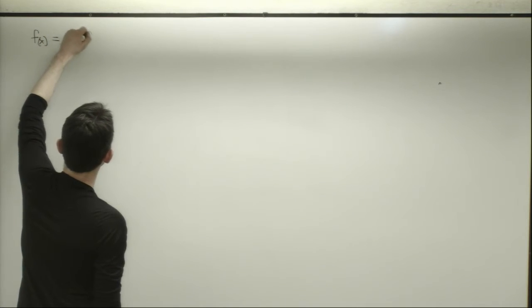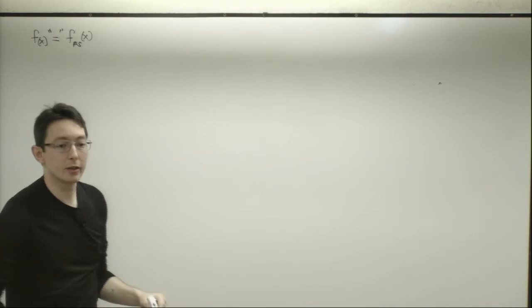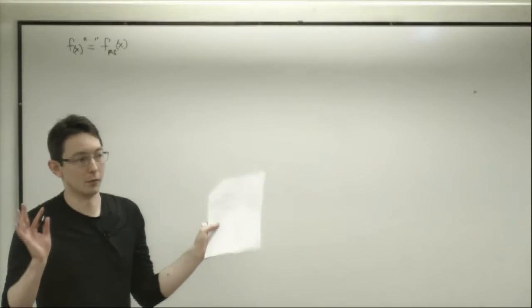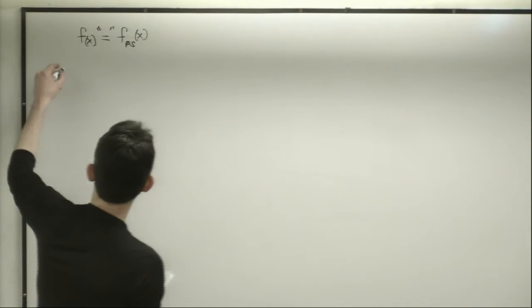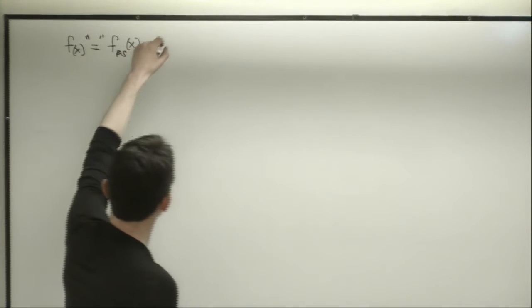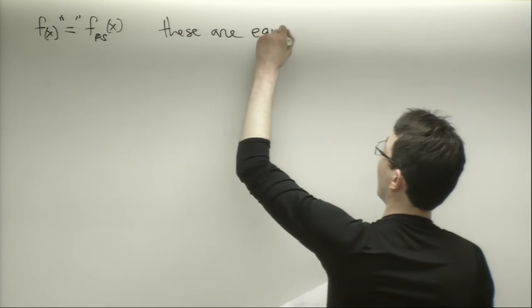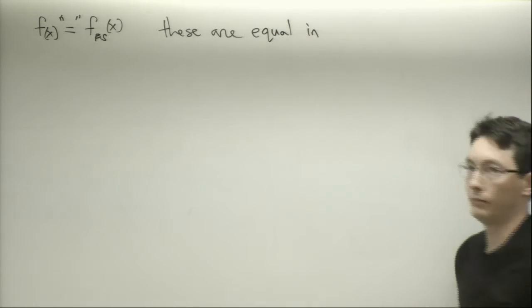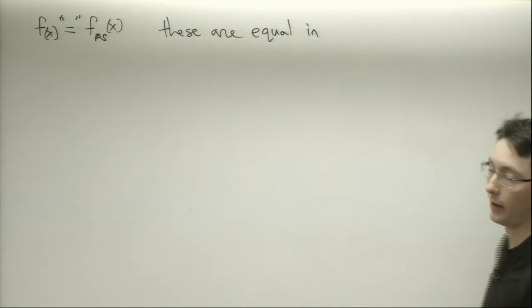This function f of x equals my Fourier series f of x. They're not strictly speaking equal. They're kind of equal. Okay, and I'm going to tell you what kind of equal means. So these are equal in a norm that I define on my function spaces.